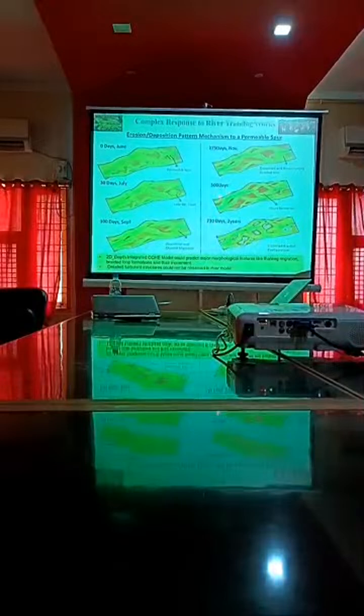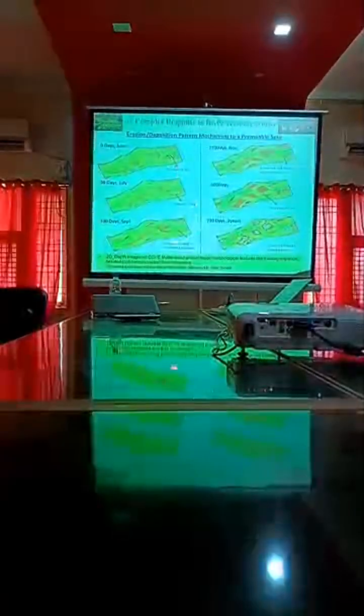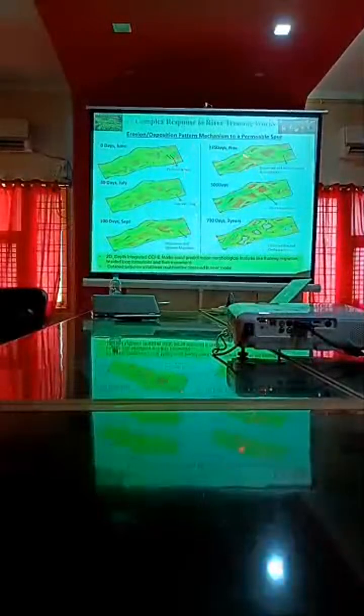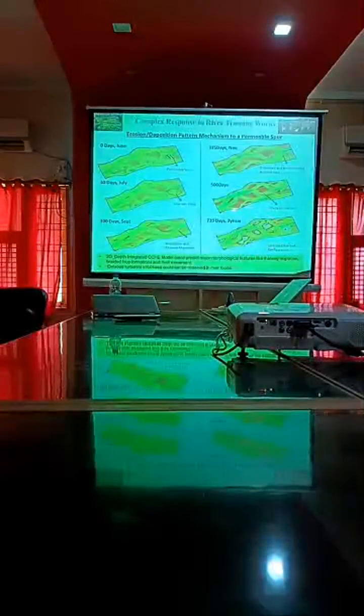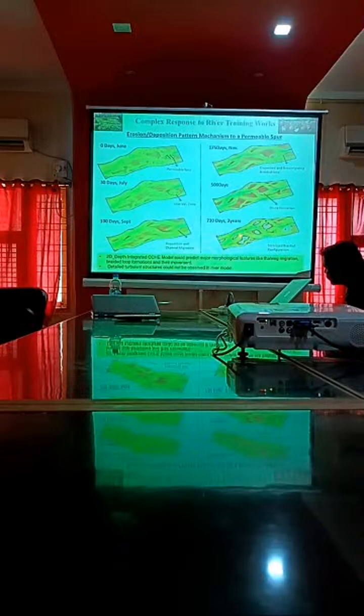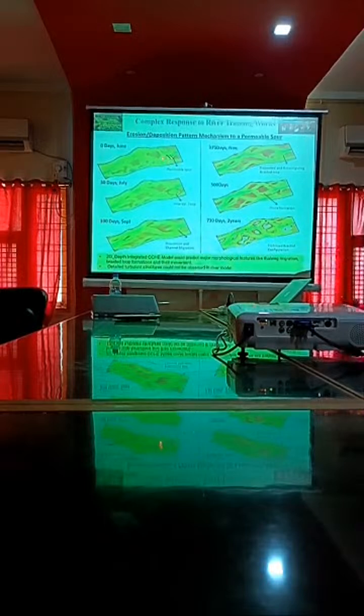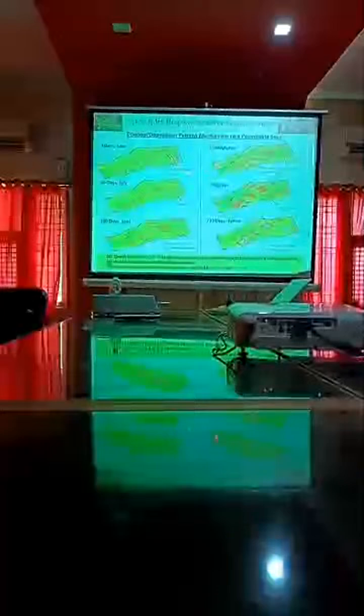That means 2 years from the implementation of the structure, how the river is going to respond. Initially the river is like this, but after 2 years the river has changed its configuration in this manner. So I can get it from the modeling platform whether placing the structure at this location is going to give me the positive impact that I need or not.